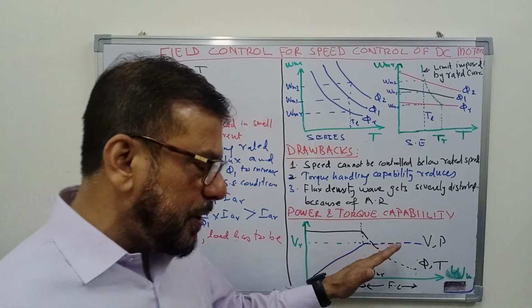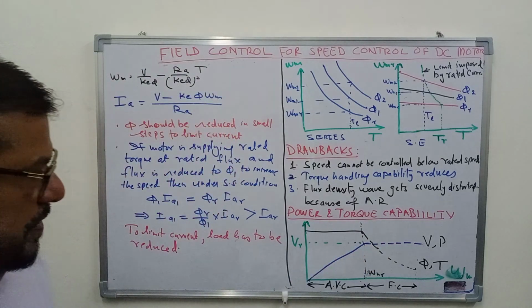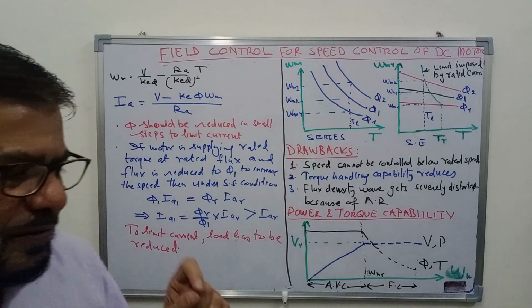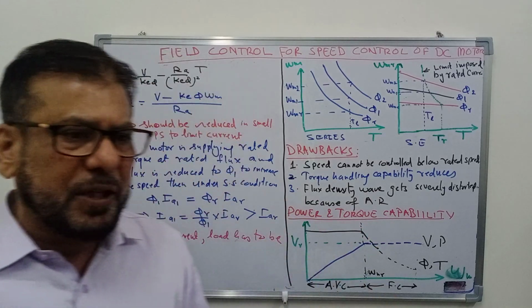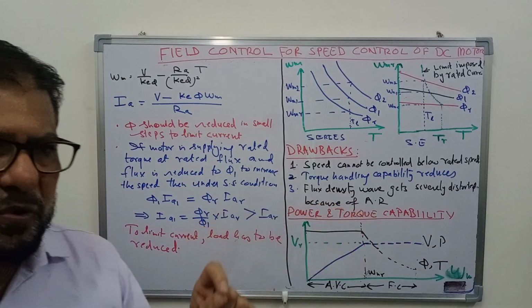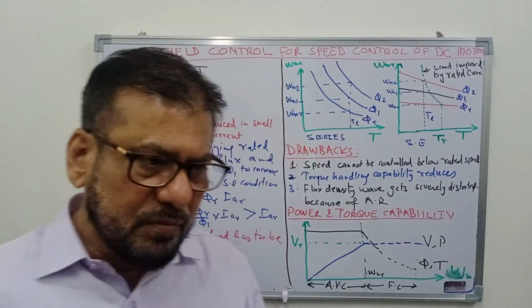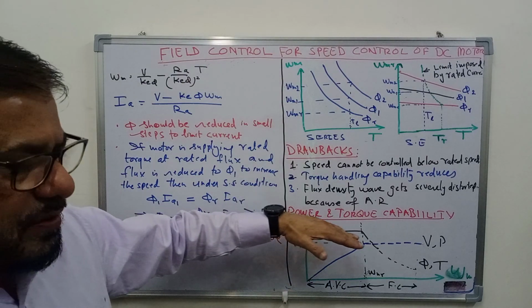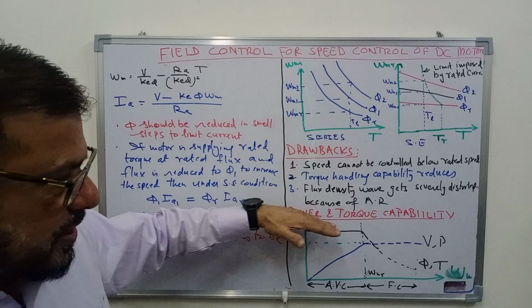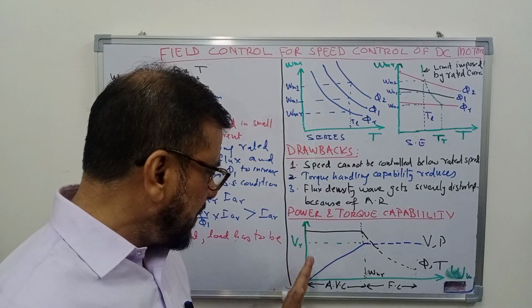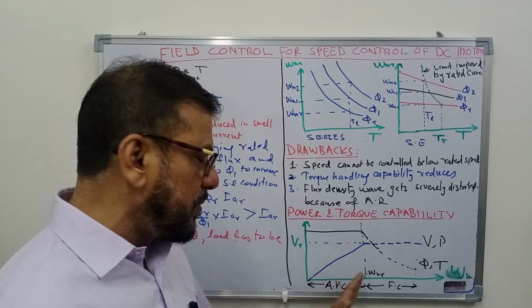During this period the flux is kept constant, so the torque produced by the motor will remain constant. Torque is equal to phi into Ia. If you are having a constant torque load connected there, then the torque, phi into Ia, remains constant. Motor supplies the same torque starting from near 0 speed to the rated speed.